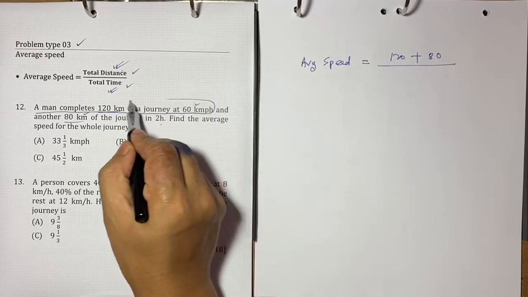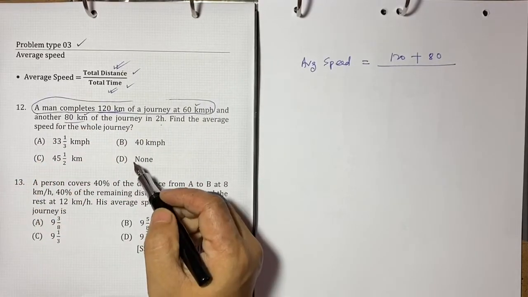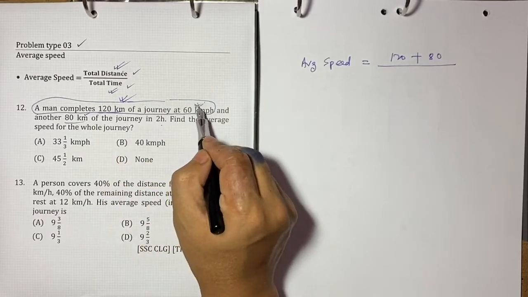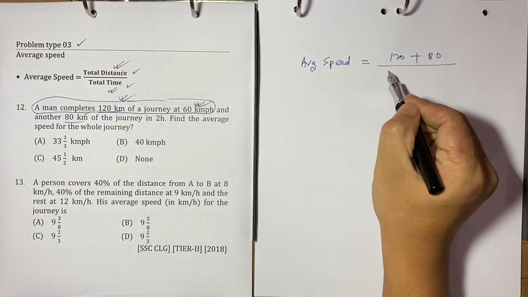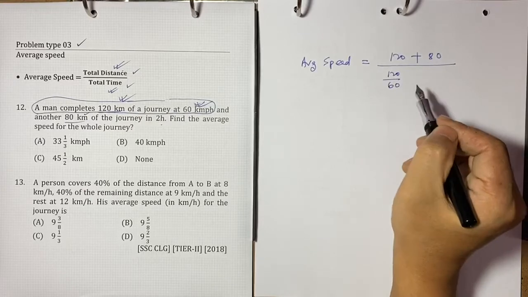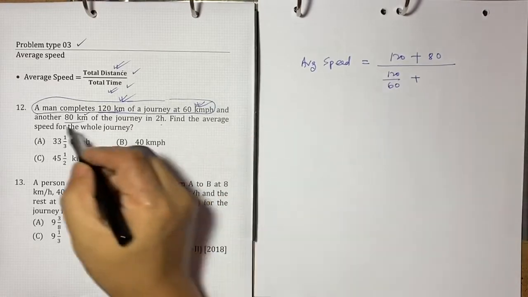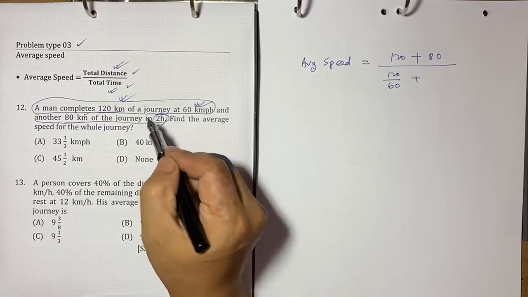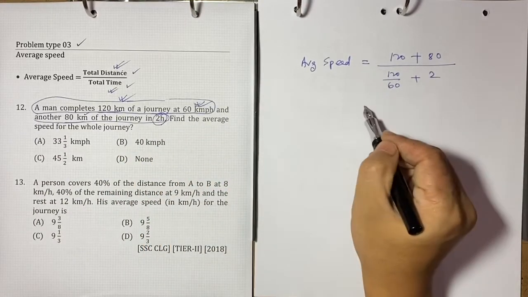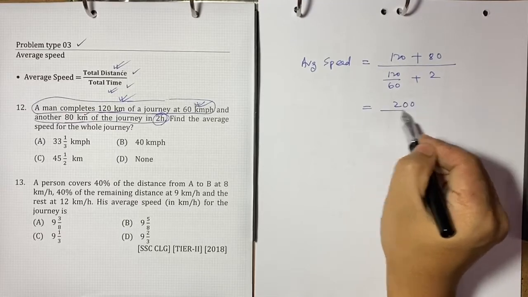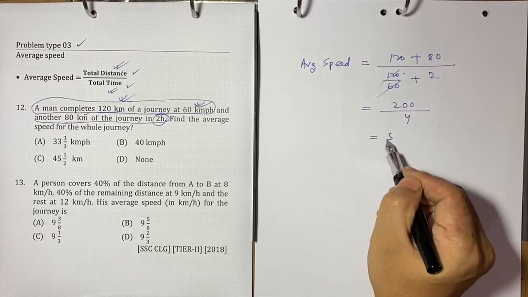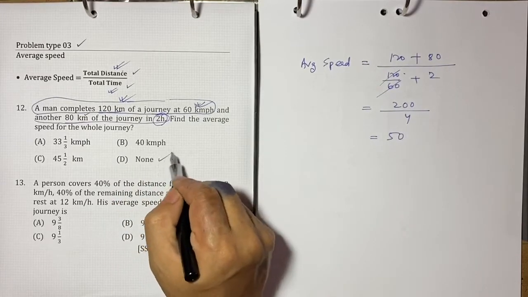Time is distance divided by speed, so 120 divided by 60, plus the second part of the journey at 2 hours, as given in the question. So it has to be 2. So 200 divided by 2 plus 2, that is 4. So cancel it, and the answer is 50 km per hour. So it has to be done.